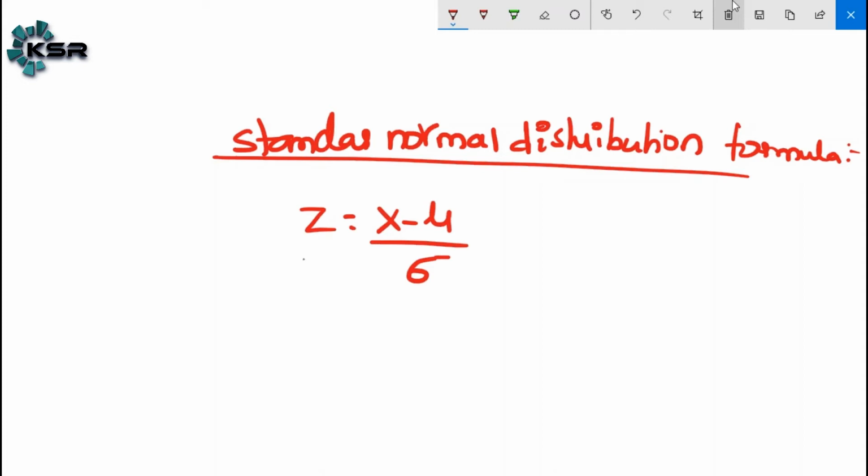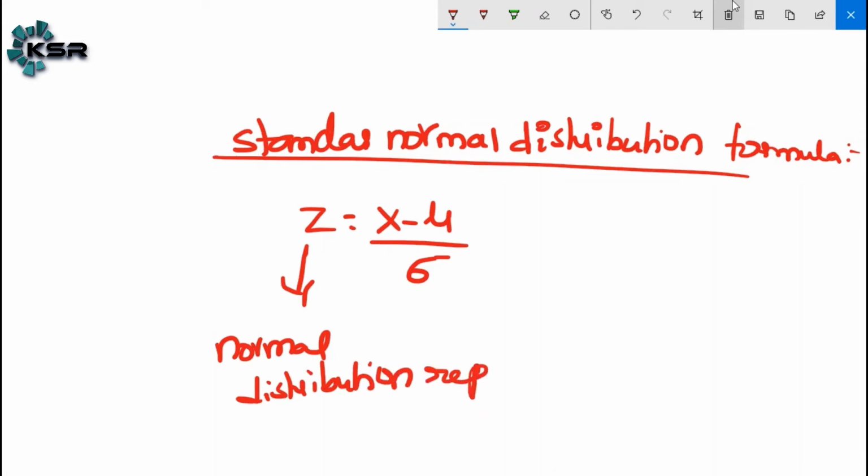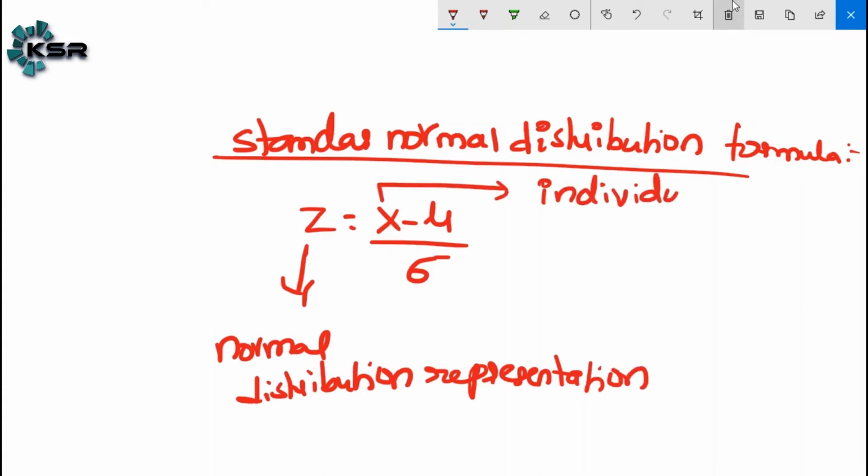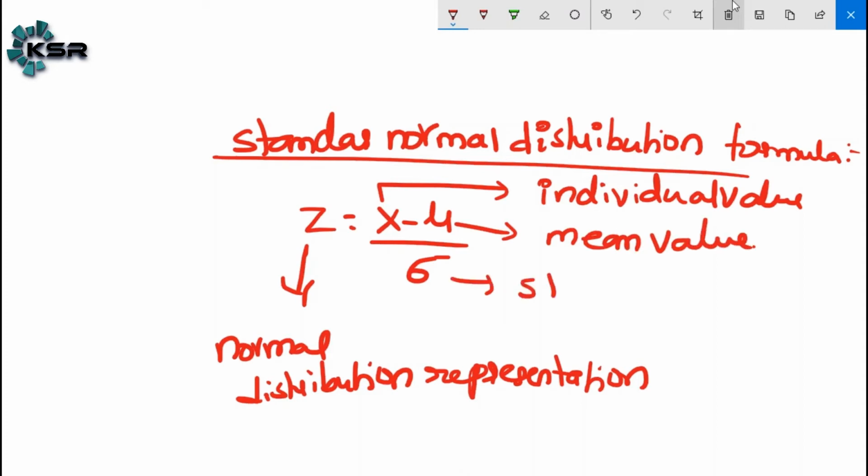Here Z is the normal distribution representation. X is the individual value. Mu is the mean value. Sigma is the standard deviation.